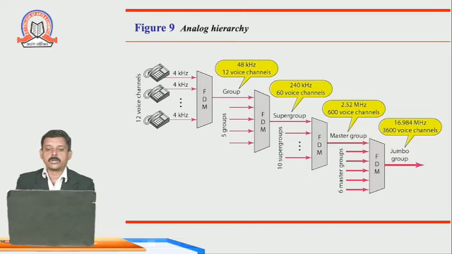At last we have a jumbo group of 16.948 megahertz, which contains more than 3600 voice channels. So this concept is used for telecommunication for one city, or even mega cities as well.